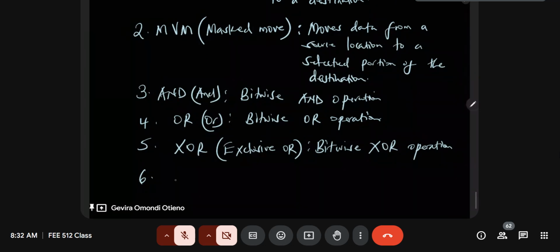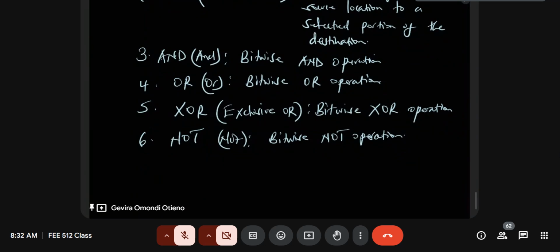And then, of course, the NOT function, which is a bitwise NOT operation, which is a negation, or we also call it a complement. I've forgotten some of the terminologies used. We also have the clear.